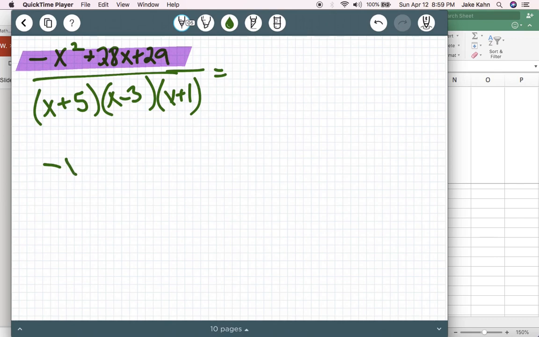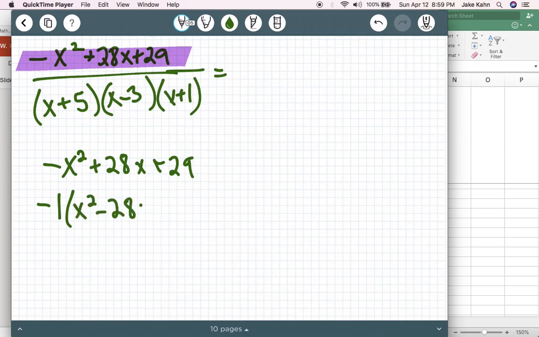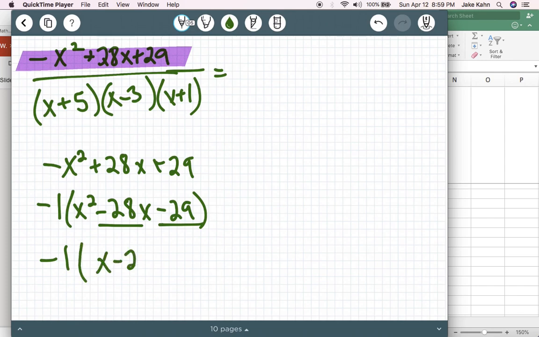Negative x squared plus 28x plus 29 has a negative 1 for an a value, so take that out of parentheses first. What two numbers multiply to get negative 29 and add to get negative 28? That would be negative 29 and positive 1.